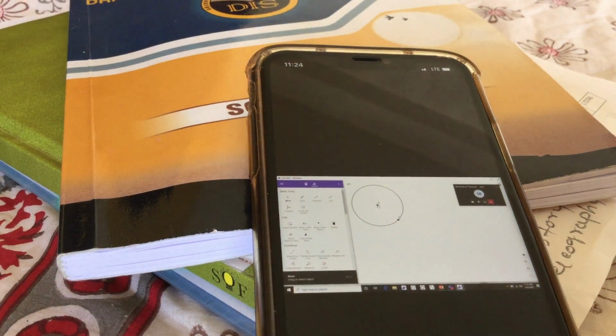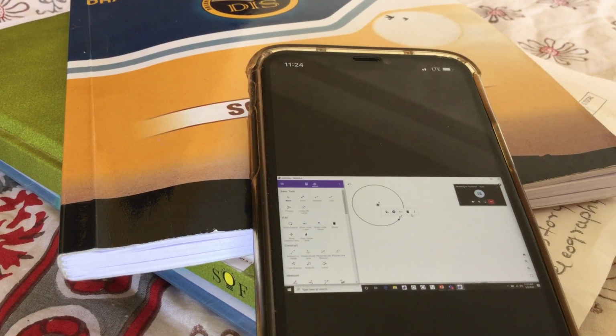As you click this A, you can see the possibilities.